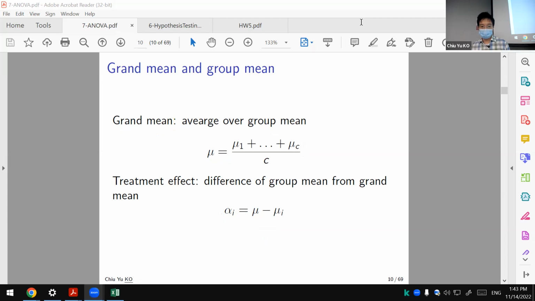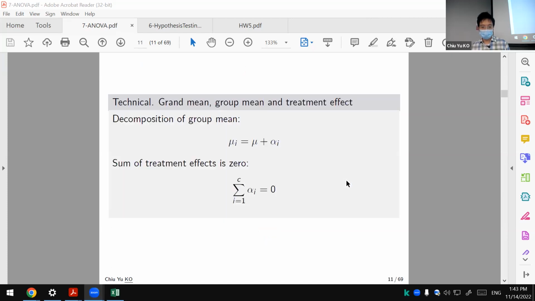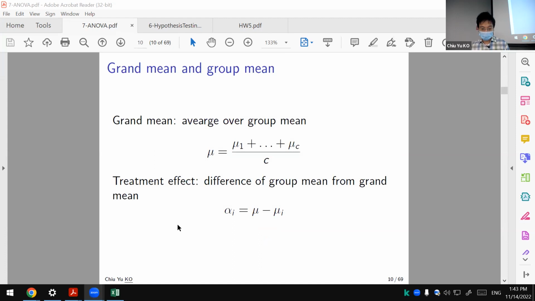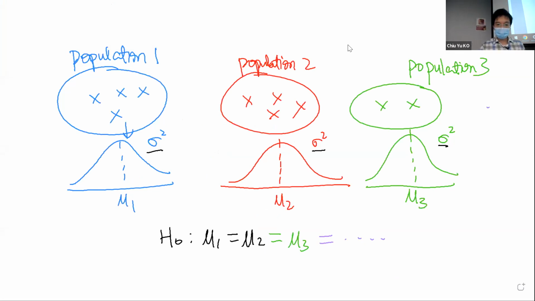Let me see the diagram. We don't have a diagram here, so maybe I draw it. Let me draw another diagram here.